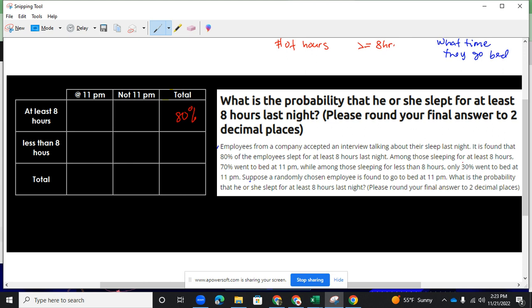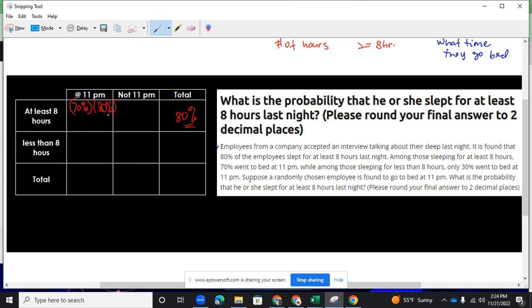Among those sleeping at least 8 hours. So among those, we're still on the row, right? 70% of them went to bed at 11. So the common mistake would be putting 70 here because they mentioned that. But if you really think about it, it says 70% of those people who have slept at least 8 hours. So we're not gonna put 70 here, but we're gonna put 70% of the 80%.